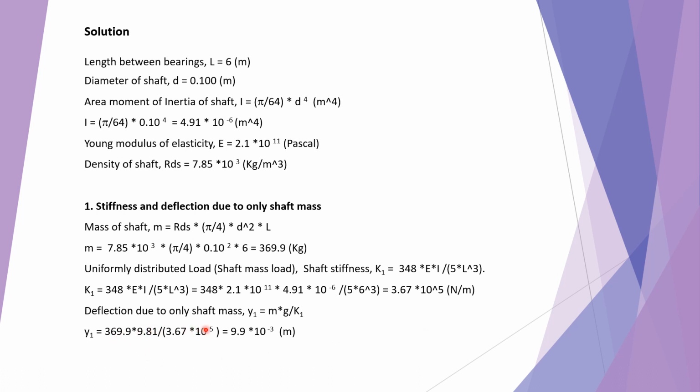Deflection due to only shaft mass, Y1 is equal to mg upon K1. After putting this value, Y1 is coming 9.9 into 10 to the power minus 3 meter.